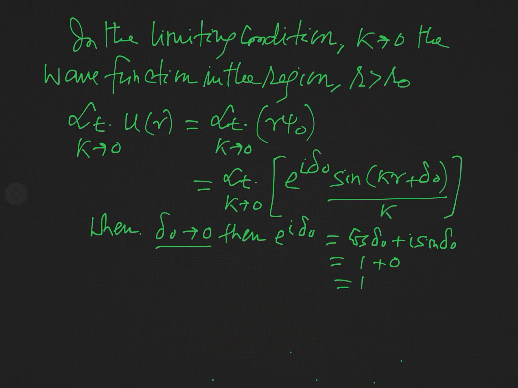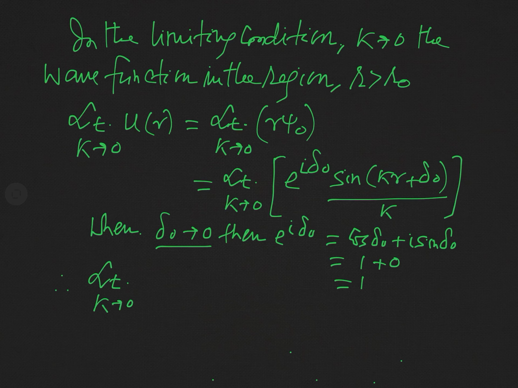At the same time, since the argument of this sine function, kr plus delta naught, is very small, you can write it simply kr plus delta naught.